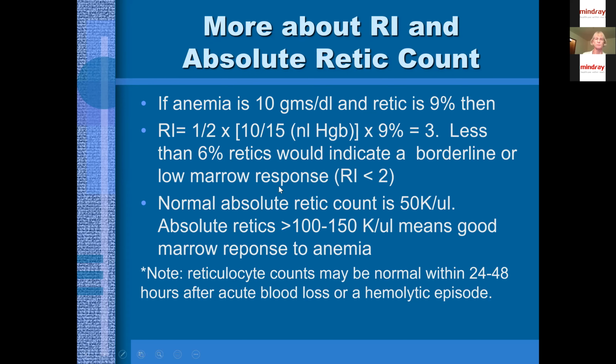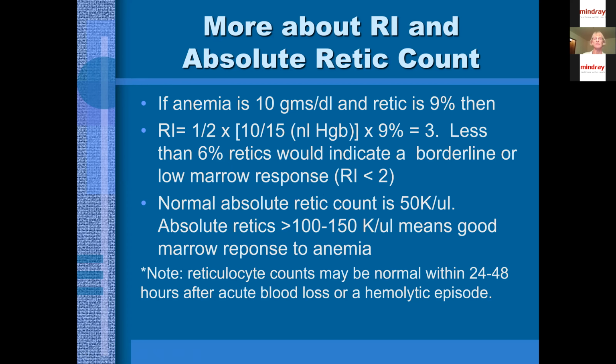And that would indicate an appropriate response to this degree of anemia. So the marrow is responding appropriately, and this would be consistent with a hemolytic anemia or a blood loss anemia. Less than 6% reticulocytes in this particular example would indicate a borderline or low marrow response because the reticulocyte index would be less than 2.